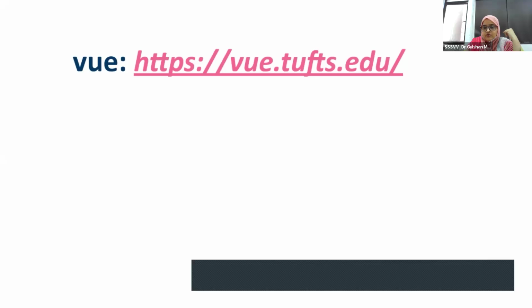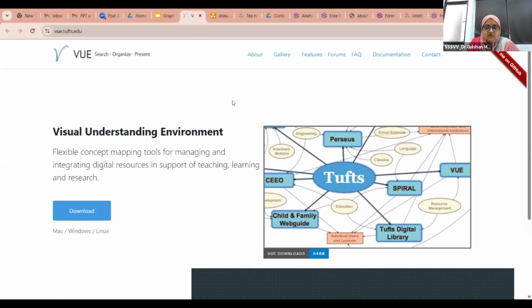So today we are going to try another concept mapping tool, that is Visual Understanding Environment, and its short form is VUE. So I'm just going to click on this link, but before clicking on the link, I'm going to demonstrate how you can download this tool into your system. And again, I just want to share one more thing with you, that VUE does not have the mobile application.